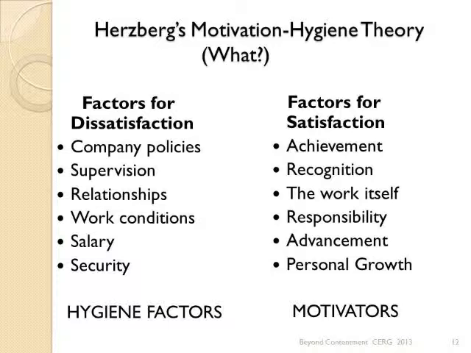Here are the factors that Herzberg said result in dissatisfaction: company policies, supervision, relationships, work conditions, salary, and security. These are what he called the hygiene factors. Then there are the factors that achieve satisfaction. They include achievement, recognition, the work itself, responsibility, advancement, and personal growth. And these are what he called the motivators.